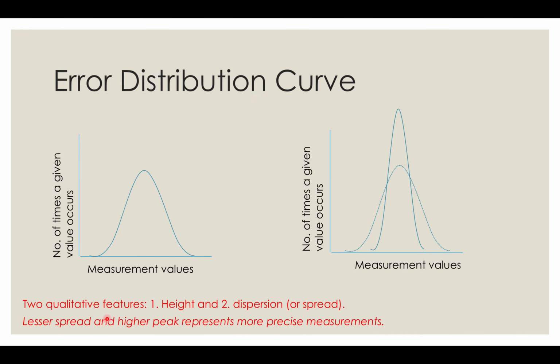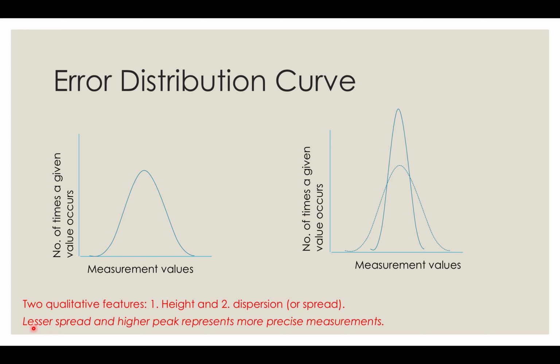There are two important things that you get to understand from the error distribution curve: the height and the dispersion, or spread, of the distribution curve. The height and the spread, or area, of the curve give you an idea about the measurement characteristic, whether these measurements are precise or not very precise.